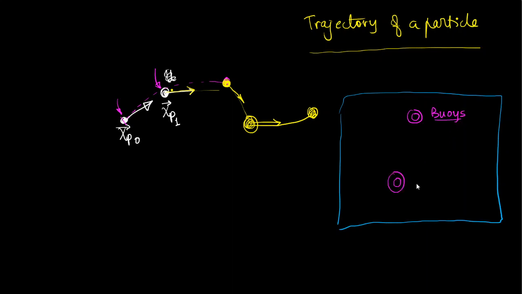So these buoys are designed in such a manner that they experience no net force in the vertical or the horizontal direction. That is, the buoys don't drown or something. They always tend to remain at the surface. The buoys are much smaller. The buoys are quite smaller as compared to the length scale of oceanic flows.